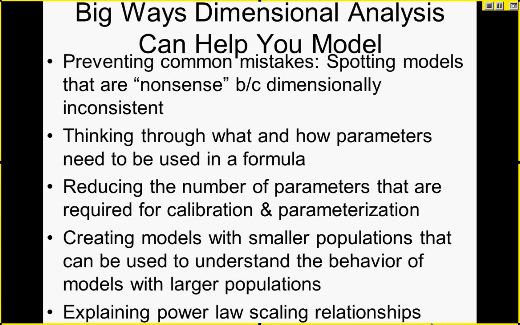Another thing that I think would speak to the needs of many people in this room, although it requires more sophistication than the first in this list, is reducing the number of parameters that are required for calibration and parameterization. One of the problems we saw with parameterization, excuse me, this is a mistake.